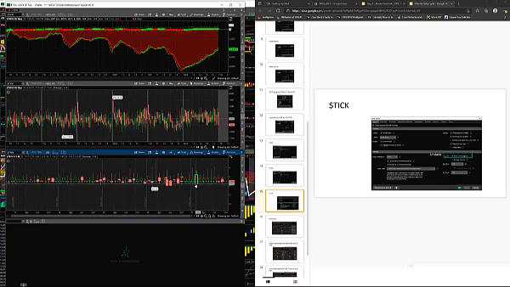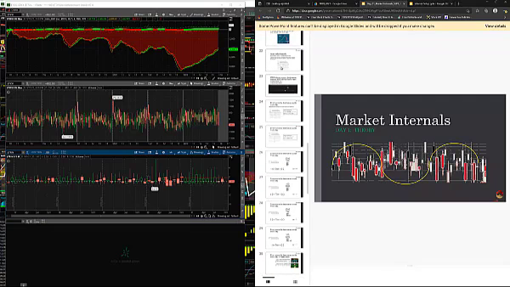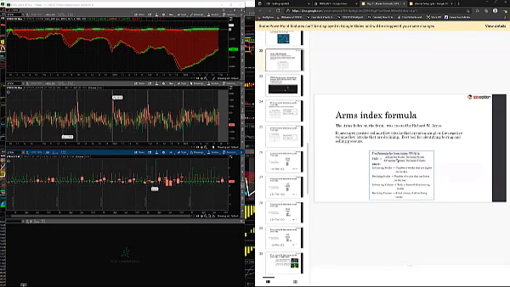Okay, so now you know the min and the max of this internal, and the reason we can describe a min and a max in this internal is because we went through the formula, and that formula in the numerator right here has the advancing and declining stocks at the top versus the volume.